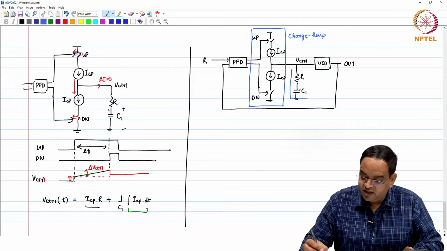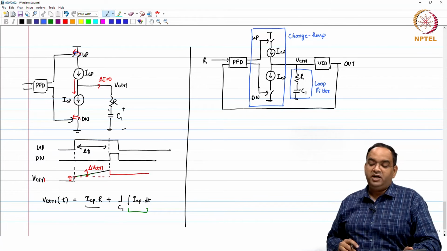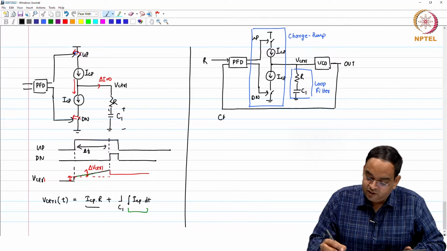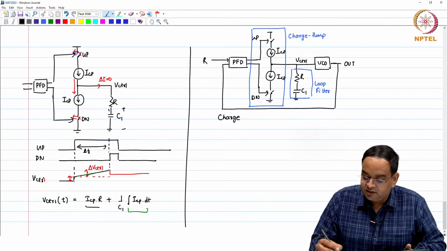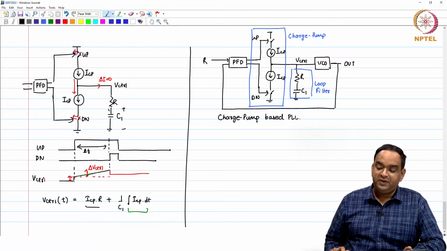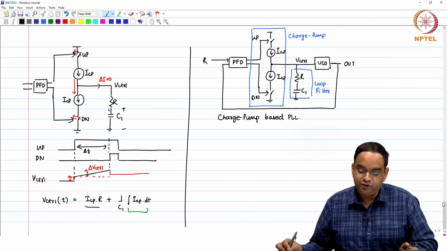This block is our loop filter. And this particular phase lock loop is very standard and common, and it is called a charge pump based PLL.